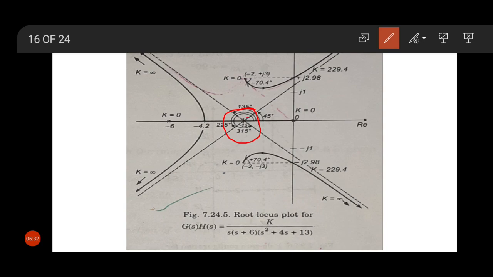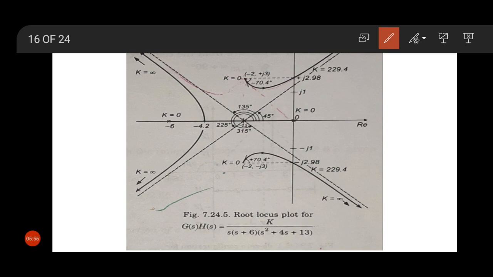So this is our 45 degree angle, this is our 135 degree angle, this is our 225 degree angle, and this is our 315 degree angle. Okay, clear? Now let me clear this thing.